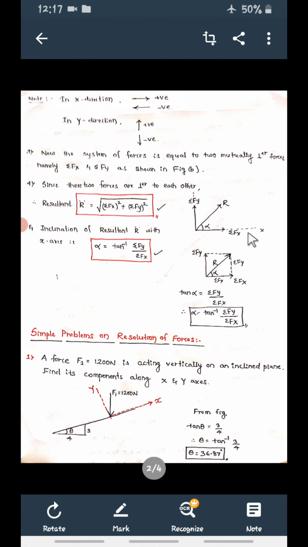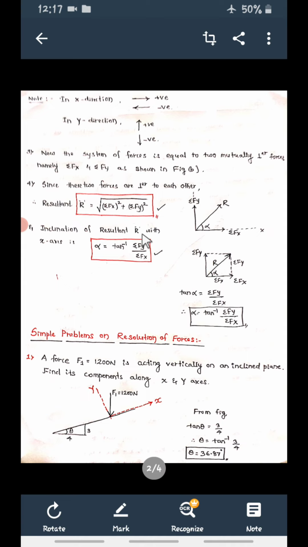This is summation Fx, this is summation Fy. So the single resultant force R is equal to square root of summation Fx squared plus summation Fy squared. We will get this resultant R using this equation.